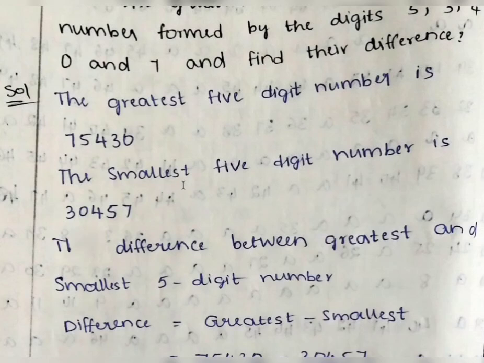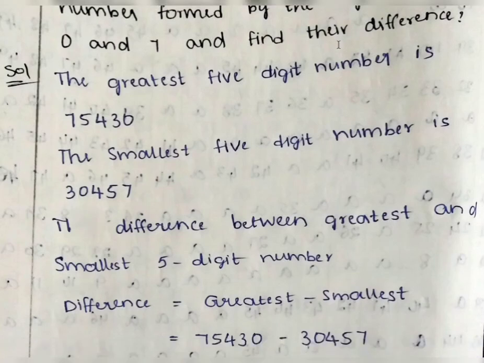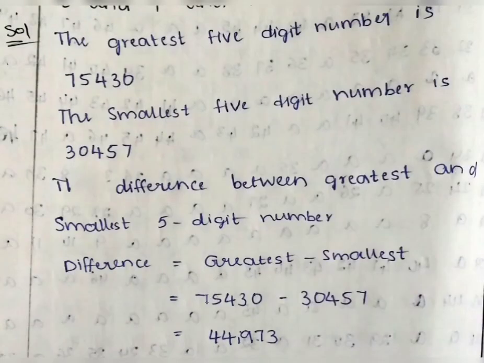So the smallest 5-digit number formed by these digits will be 30,457. And next, in the question they have asked to find the difference. So the difference between the greatest and smallest 5-digit number is this number minus this number. Then we'll get this answer.